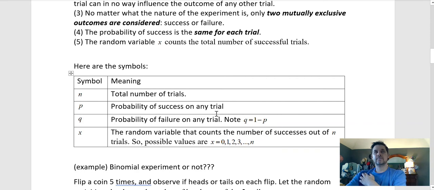So that's, again with the coin flip, if the probability of heads is a half, what's the probability of tails got to be? All the probabilities of everything that can happen, every individual outcome, have to add to 1. So 1/2 plus what is equal to 1? 1/2 plus 1/2 is equal to 1. So the probabilities of heads and tails are each a half.